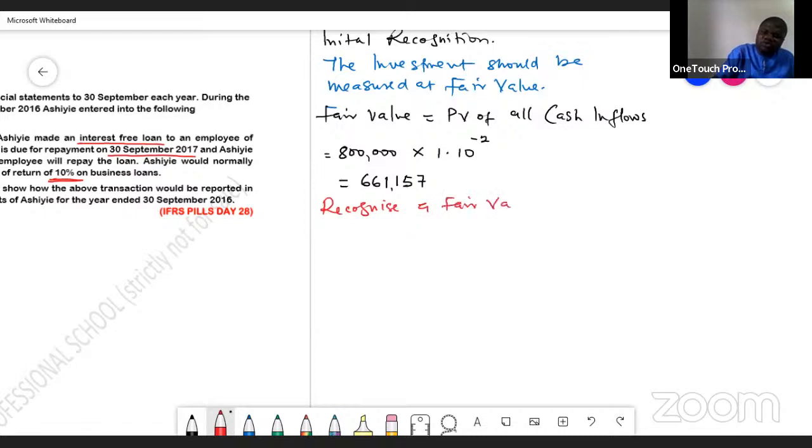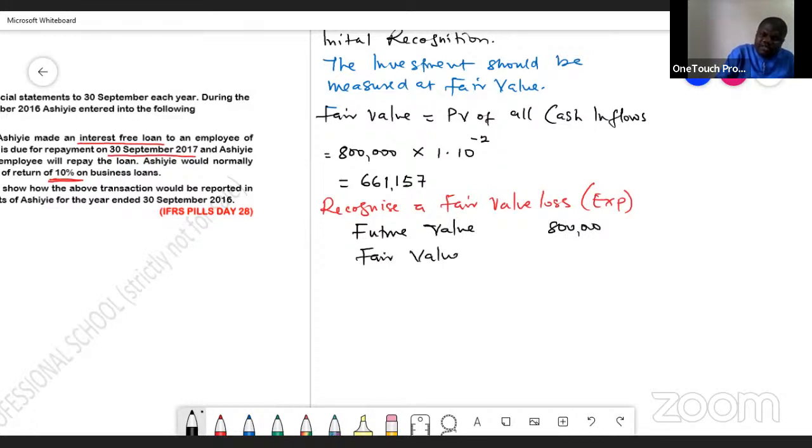So you now recognize a fair value loss as an expense. That is the difference between the future value, which is the 800,000, and the fair value today.